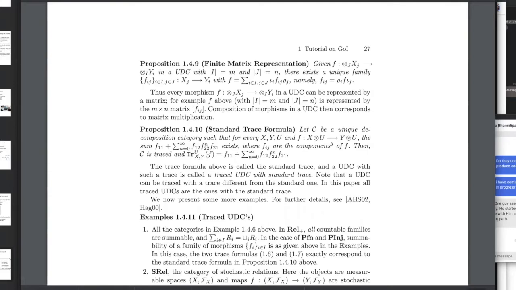So if I have an F that goes out an X and a Y, and it also has a U along the side. Think of it in terms of your boxes: X comes in, Y comes out the bottom, U comes in the top, and U goes out the bottom.